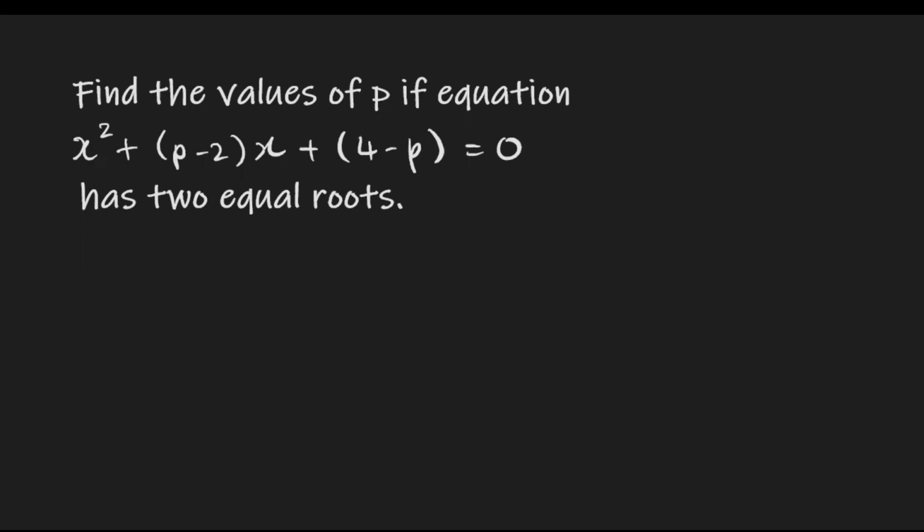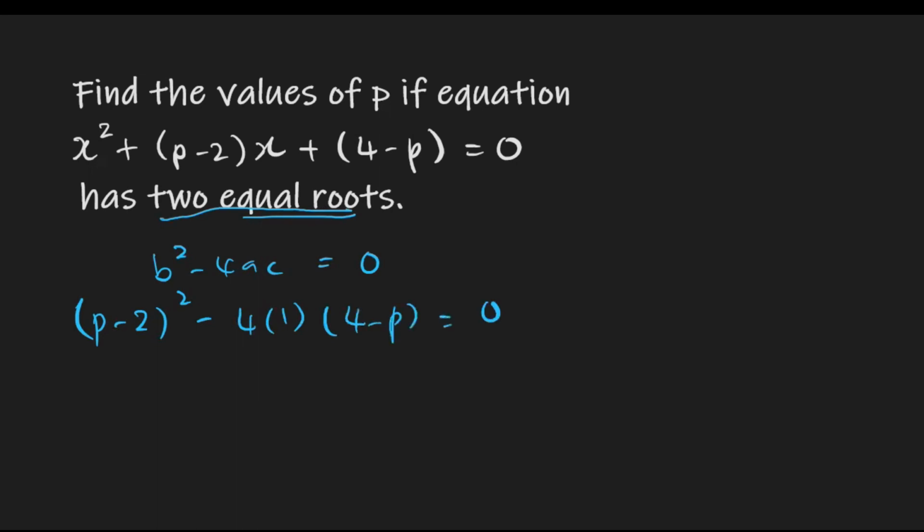One more final example I'm going to give you this time. This quadratic equation has two equal roots. When we have two equal roots, our discriminant will be equal to 0. So what is your b this time? Here it will be p minus 2, your a will be 1, and your c will be 4 minus p. I'm going to open up all of this.